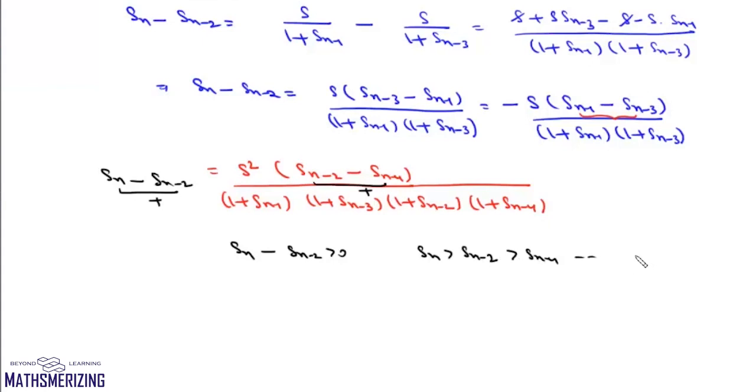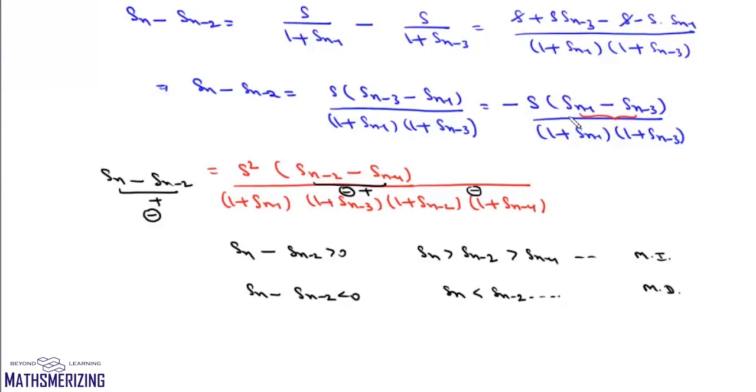This sequence will be a monotonic increasing sequence. And if this expression is negative, then all the terms in the series will be negative. So in that case, S_n minus S_{n-2} will be less than 0. That means S_n will be less than S_{n-2}. Then this sequence will be a monotonic decreasing sequence.